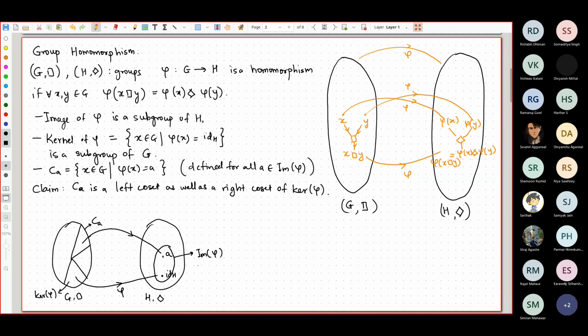So let's try to do this slowly. Let me just copy this claim to the next slide, and also maybe the diagram.